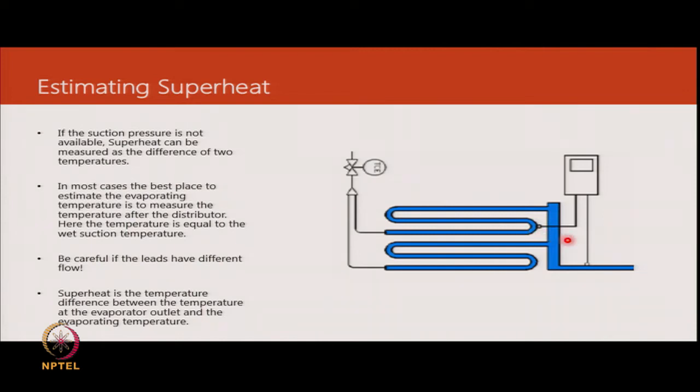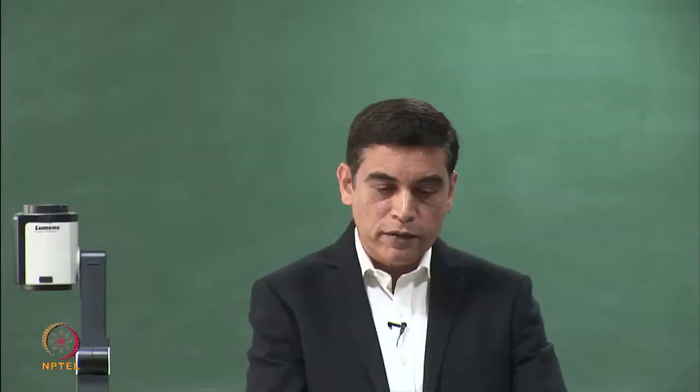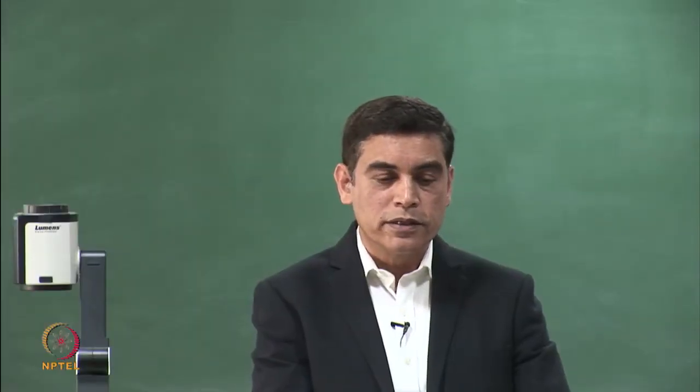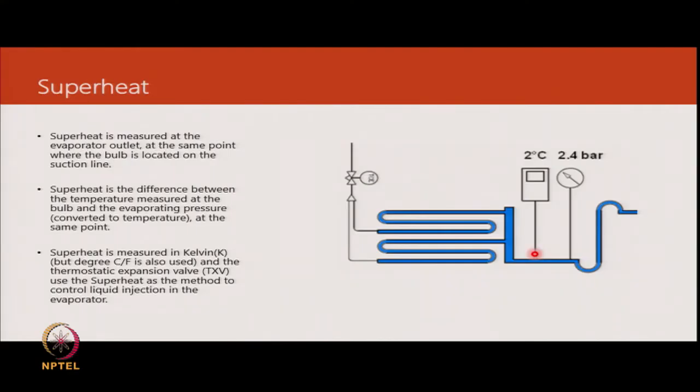We could get a superheat value here, but in reality there could be liquid flowing to the compressor because the other circuit is feeding more refrigerant and we have not factored that part. So, the most accurate way to determine superheat would be this, where we have taken the pressure and temperature at the point of interest.